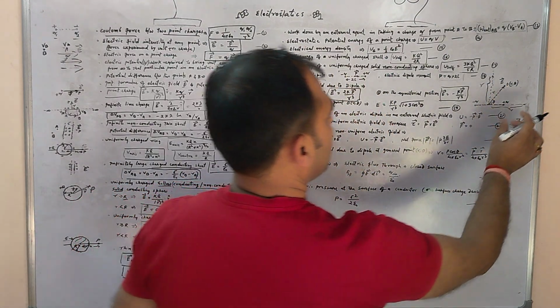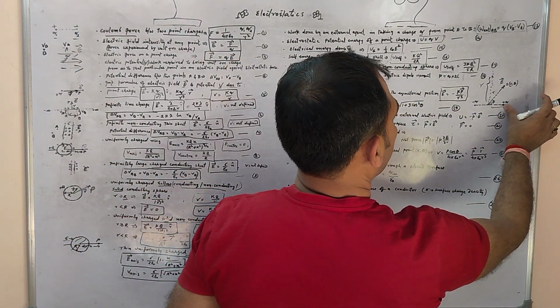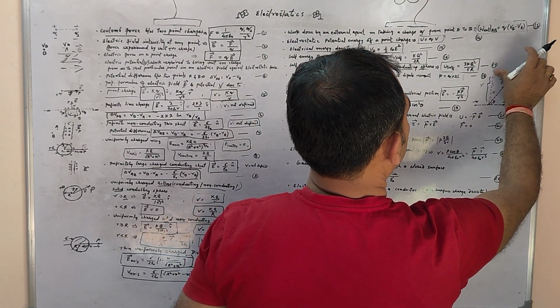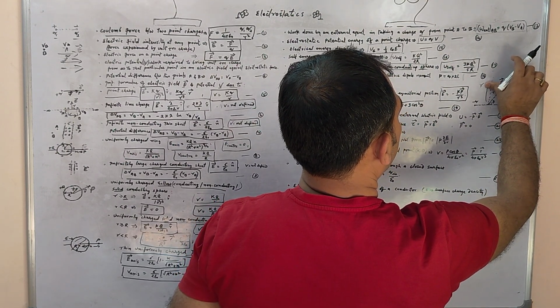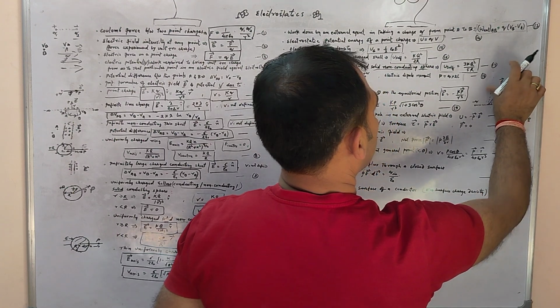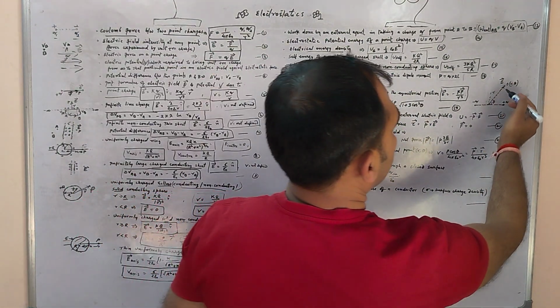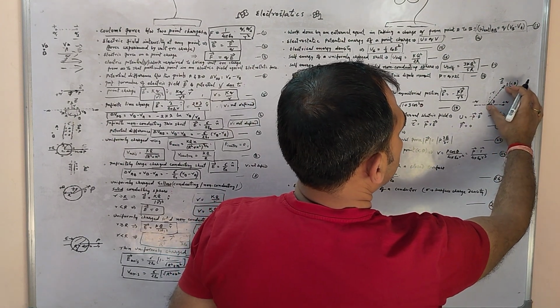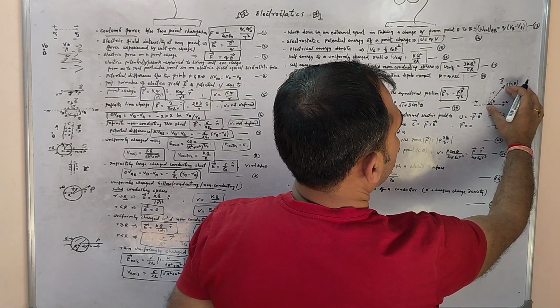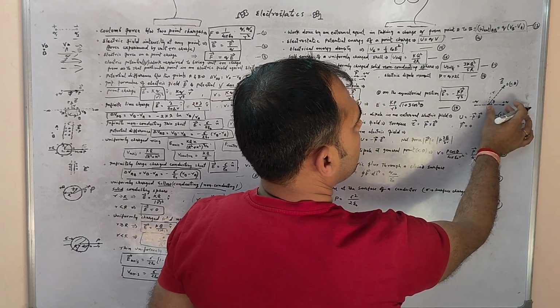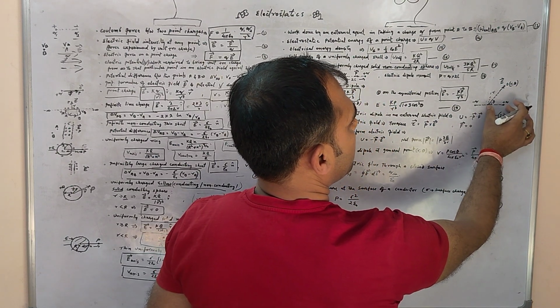Now let us have the general formula for the electric field due to electric dipole. See, here there is a point O that is at a distance of r and making angle theta with the axis of electric dipole.